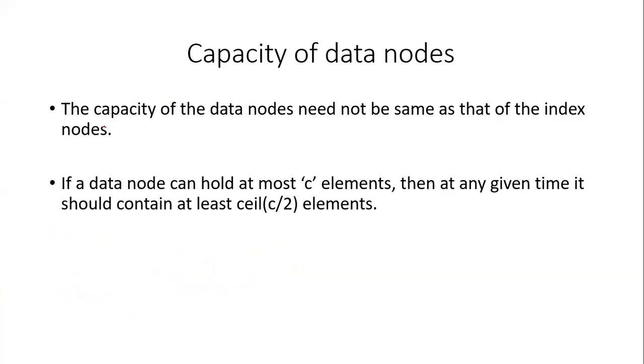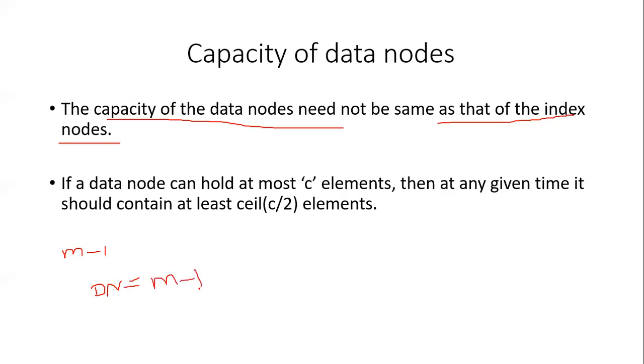The capacity of the data node need not be the same as that of the index node. This is an important point. What is the capacity of an index node of order m? Capacity means maximum, the upper bound, m minus 1. That doesn't mean that the data node's capacity should also be equal to m minus 1.